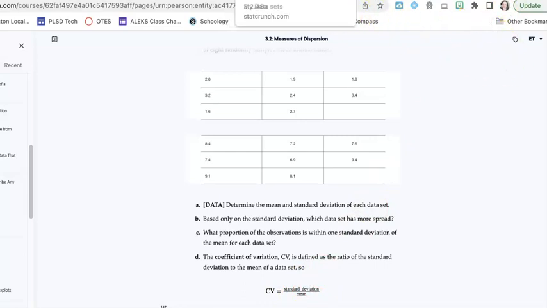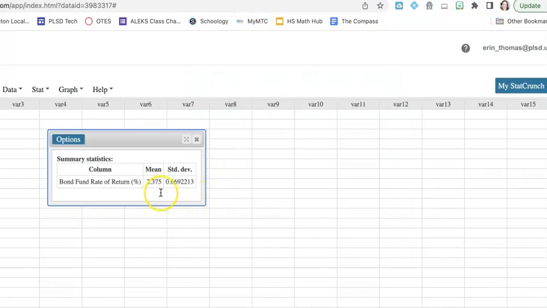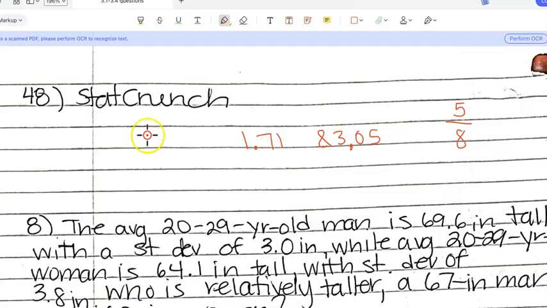When we looked here, the standard deviation was 0.67 and the mean was 2.38. So for this data set, we have 0.67 divided by 2.38, and this would give us that particular value.